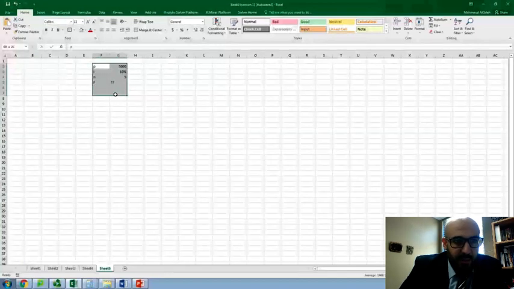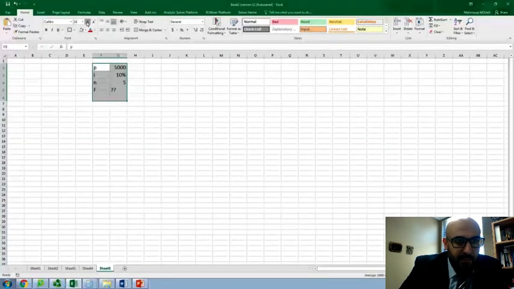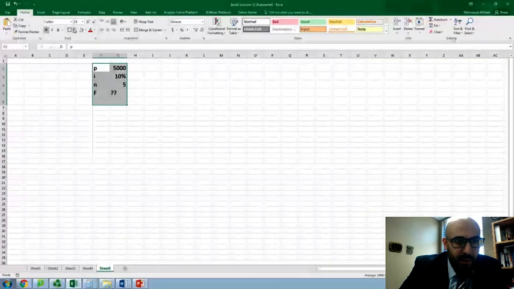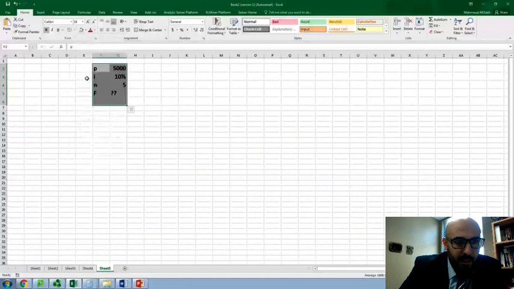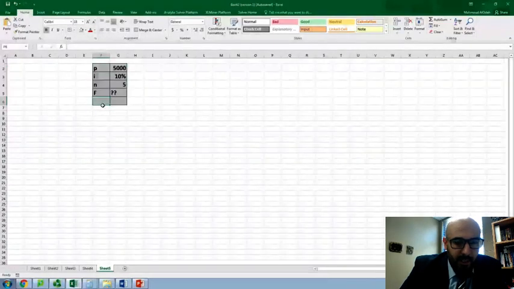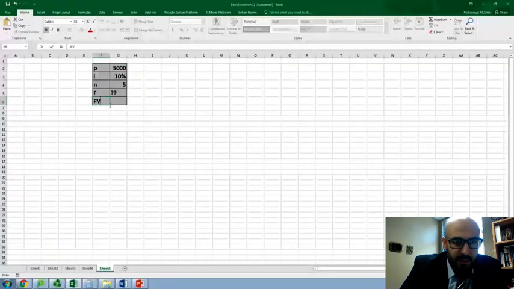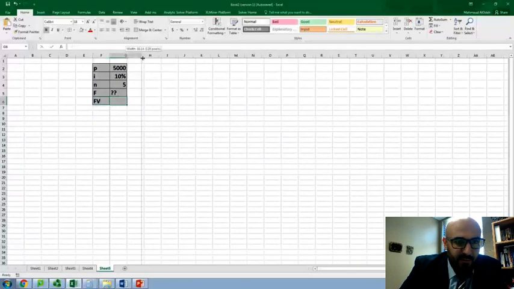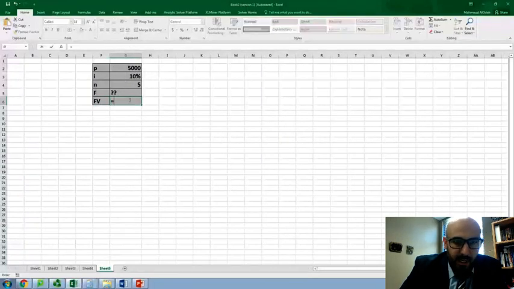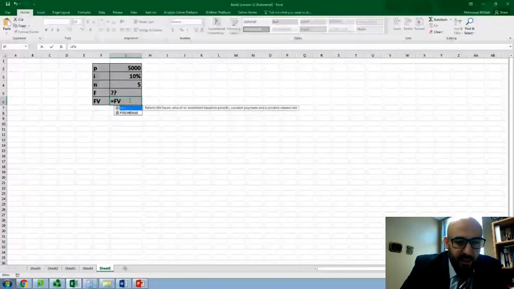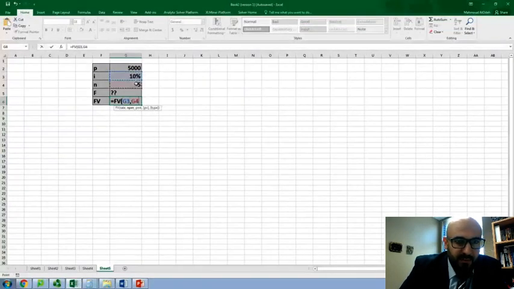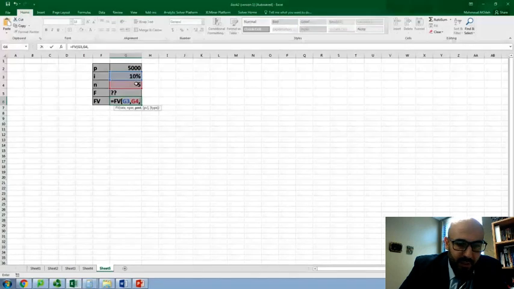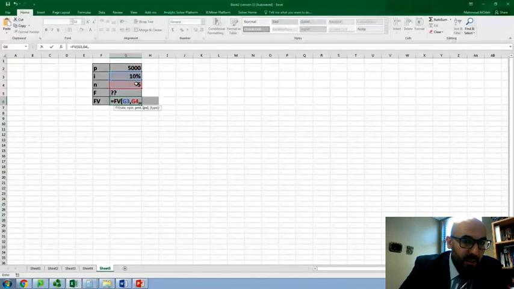So the future value using the FV function would be equal FV, open parenthesis, rate is 10%, number of periods is 5, and now the payment, we don't have the payment, so skip that.